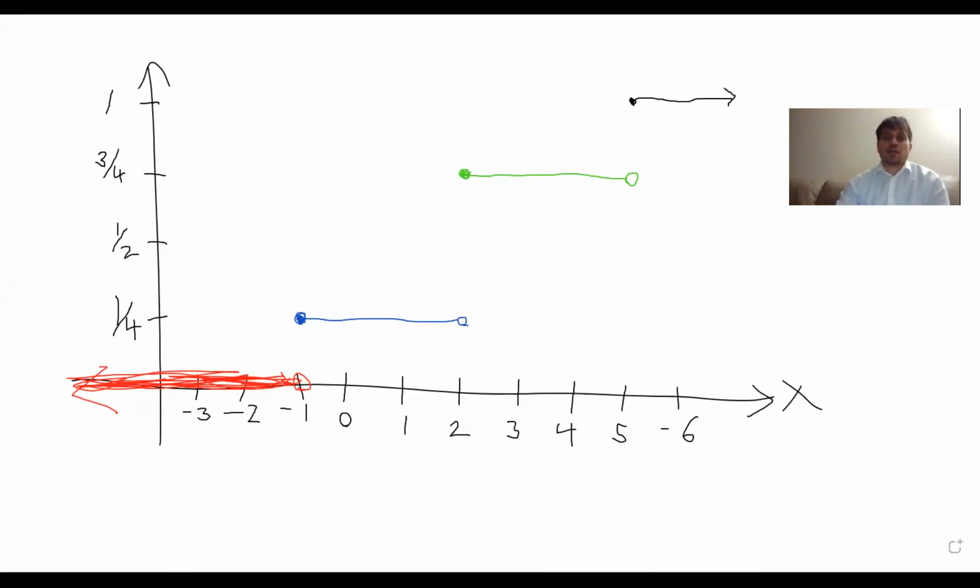This is a graph of the cumulative distribution function. I'm using pink so I don't use black, because I used black for that arrow. This is the graph of y equals capital F of x.